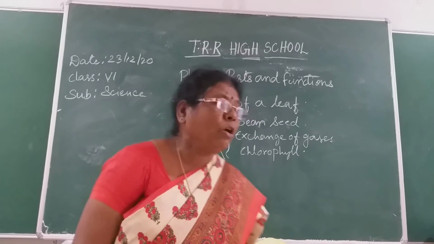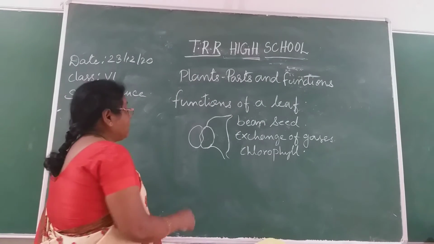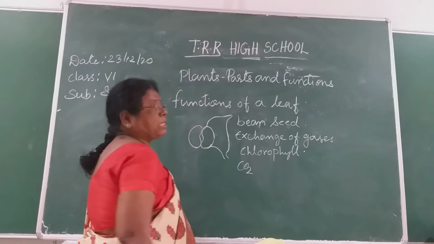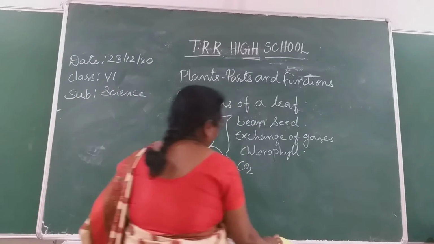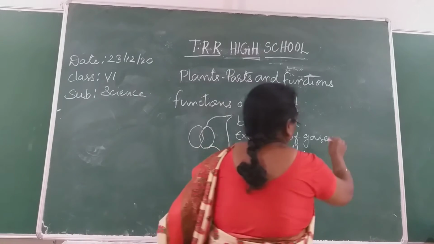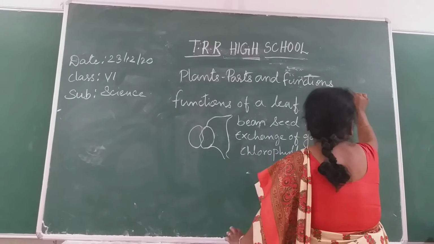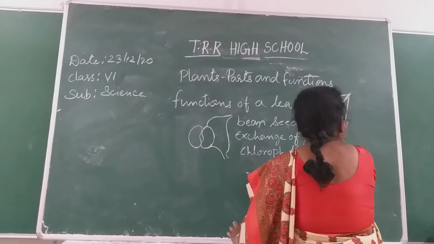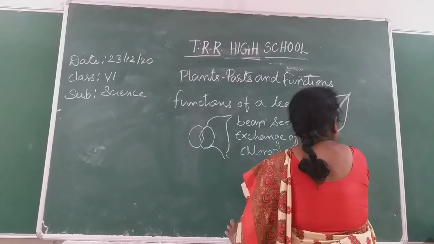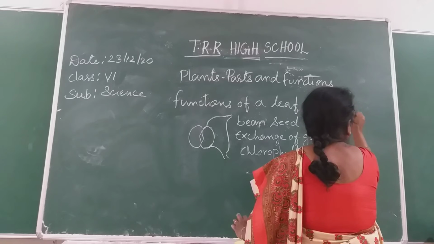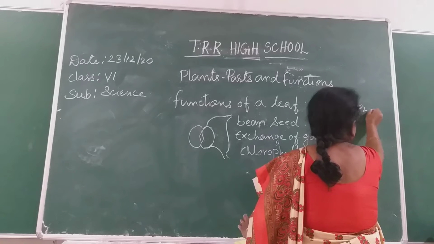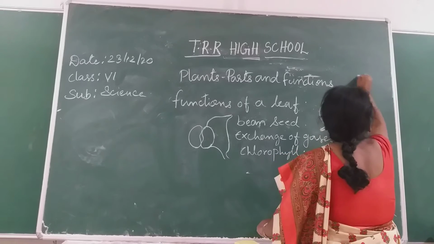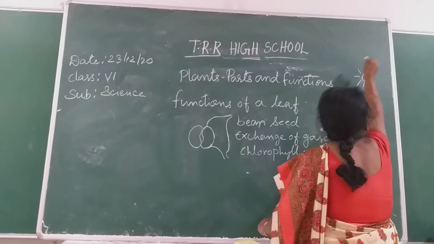So, the leaves take carbon dioxide. Here I will draw. The stomata take the carbon dioxide and give out oxygen, and the leaf prepares the food in the presence of sunlight.